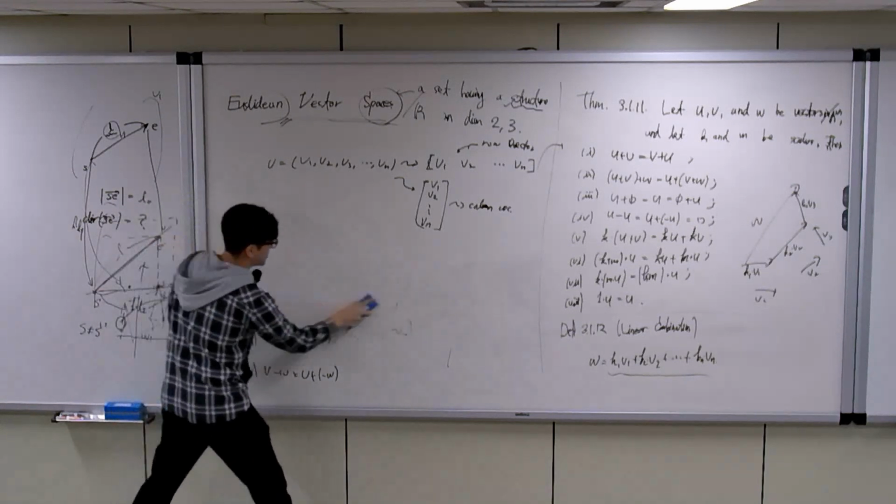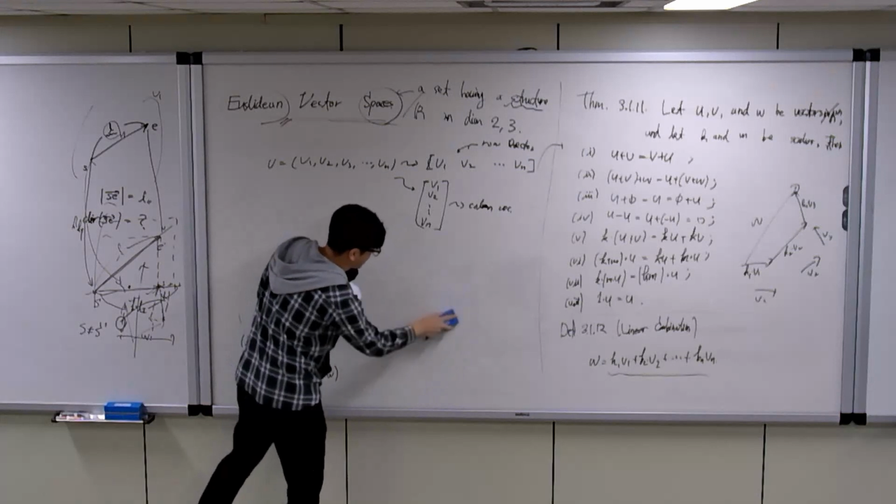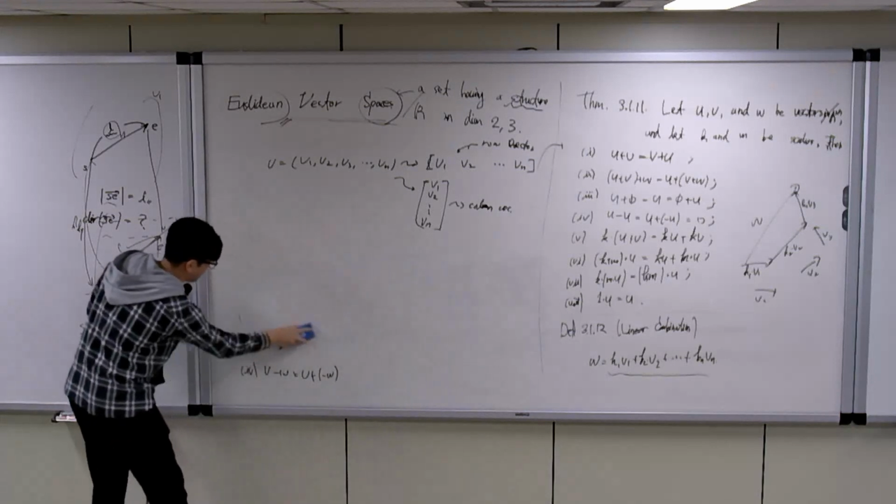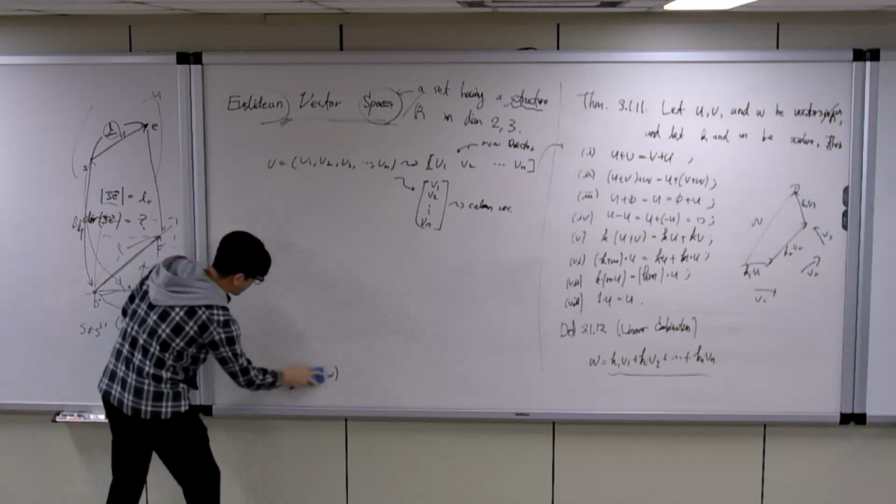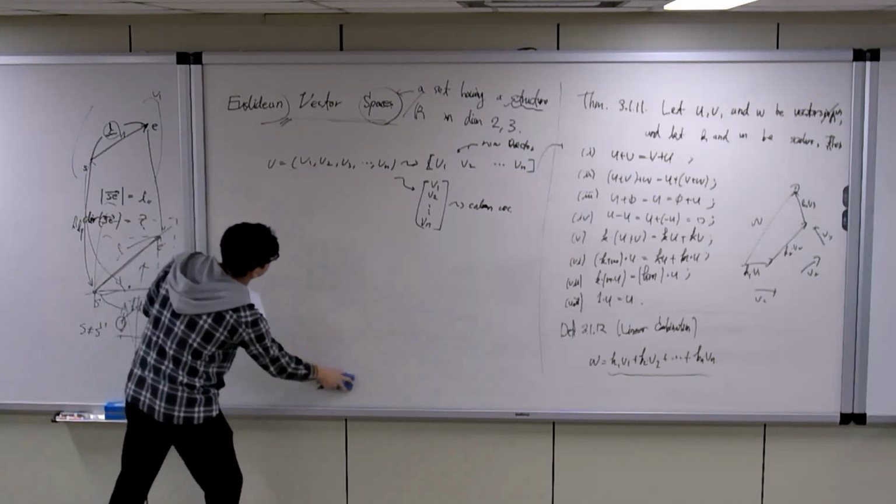And so we constructed the space of vectors in the real numbers, R to the n.